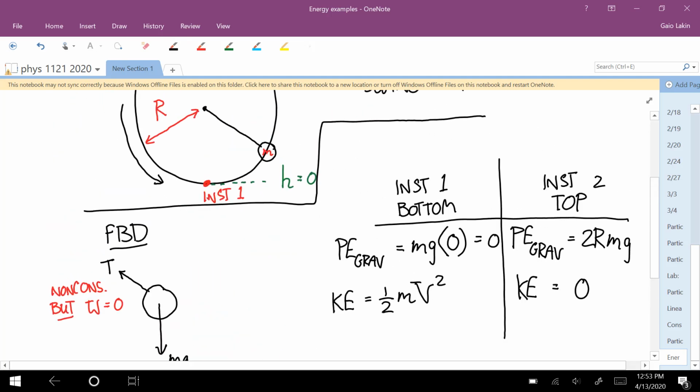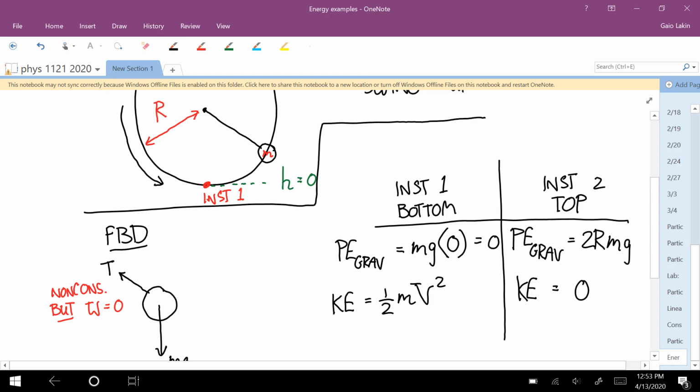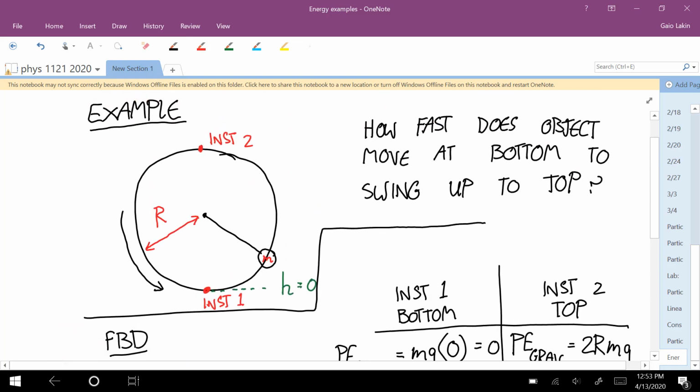Yeah, that's about it for that example. One thing that I should say, so we're treating everything like it's a particle still. What that means in energy problems is that our answers are going to be wrong if that object is changing its orientation over time.